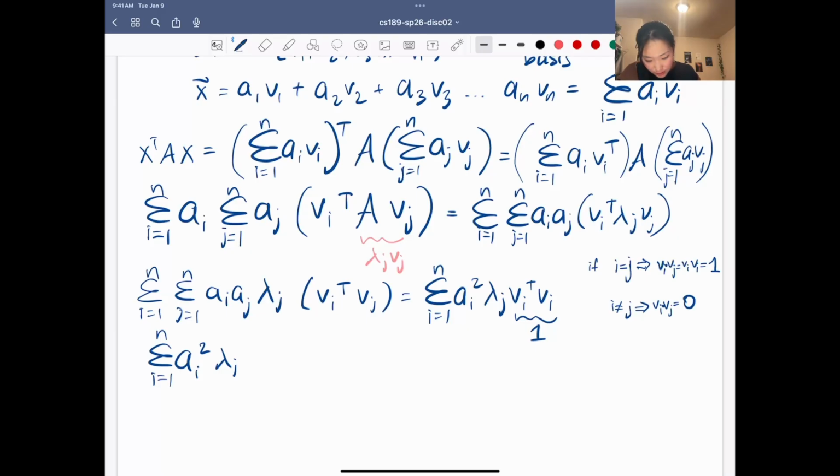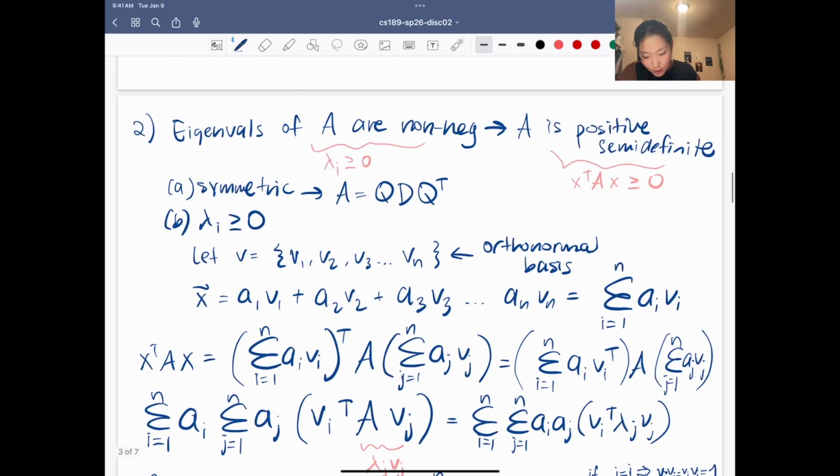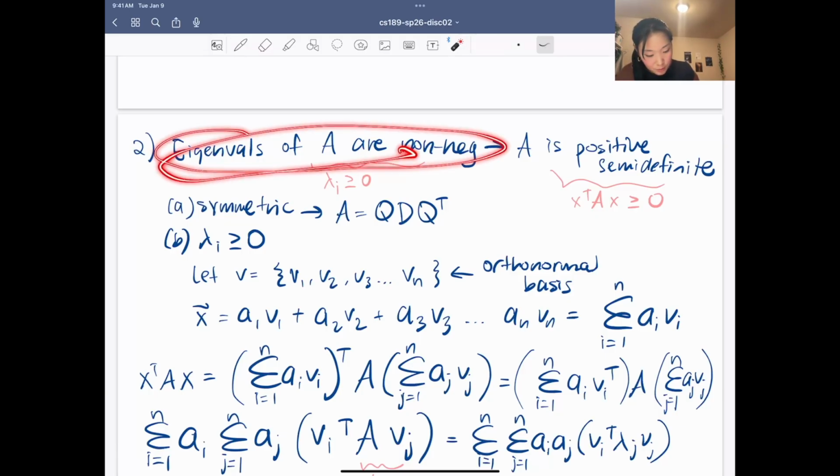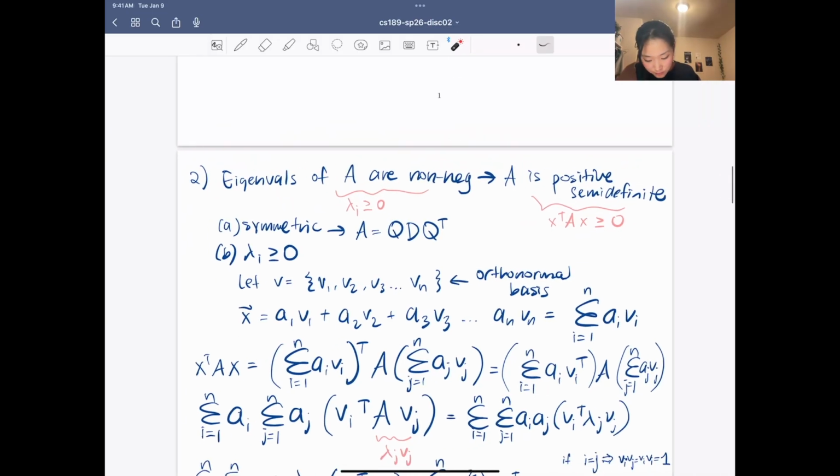And notice, what do we know, right? We are given that all our eigenvalues are non-negative, and we want to prove that A is positive semidefinite. So we want to prove that this equation is true.